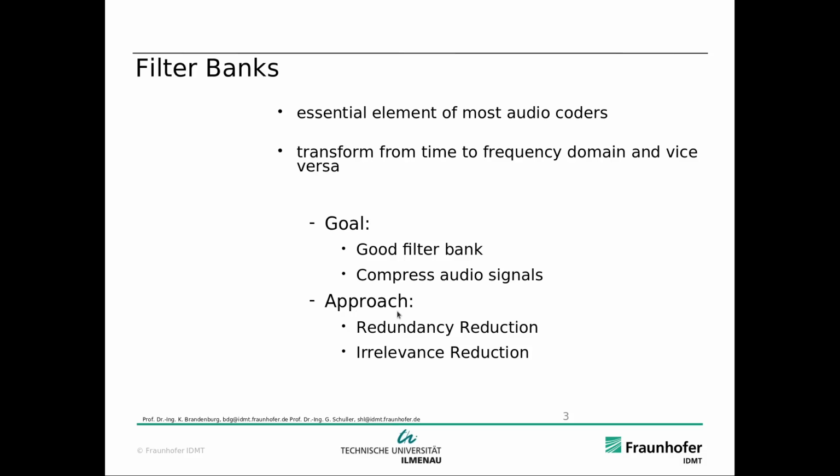So the approach that we take is we apply redundancy reduction. This is the reduction of bits that we can obtain from the subband decomposition itself, which results, for instance, from natural audio signals having most energy at low frequencies.